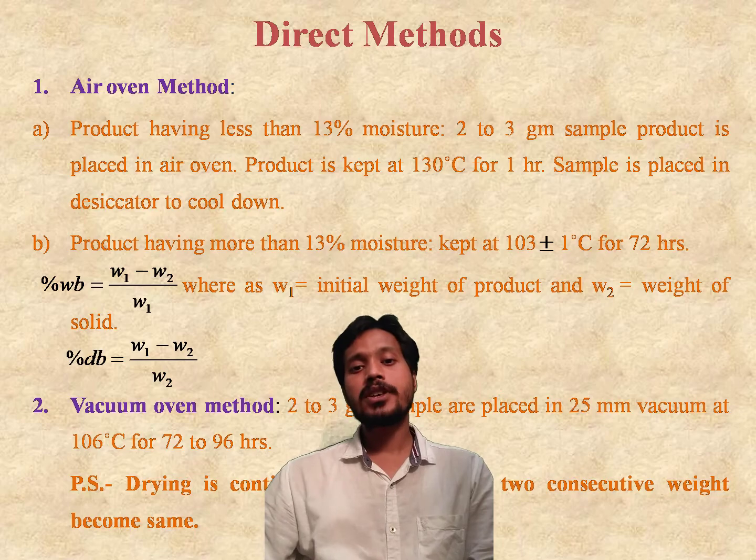Now one question will come, how long we have to dry, or how do you know that the drying is completed? So there is a concept. While drying a product, we take the weight of product continuously or after 1 hour, 1 hour. As an example, you are determining the moisture content of paddy.